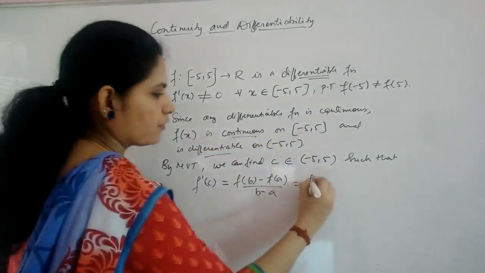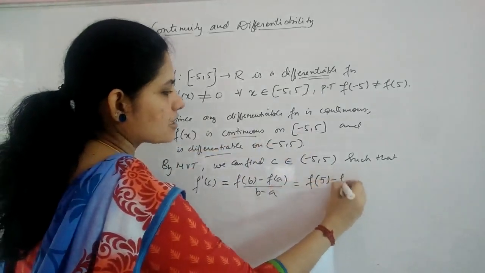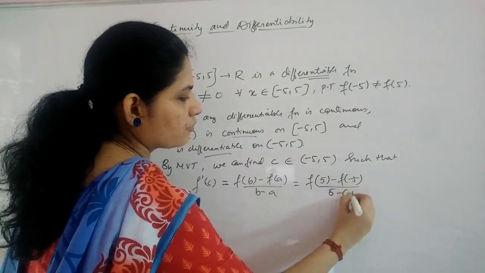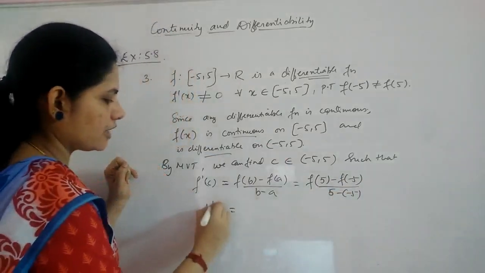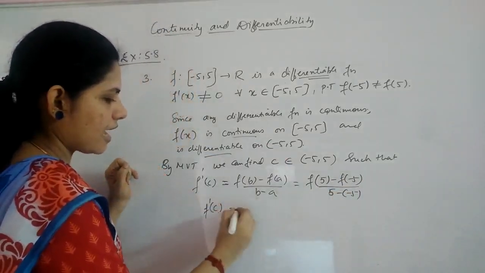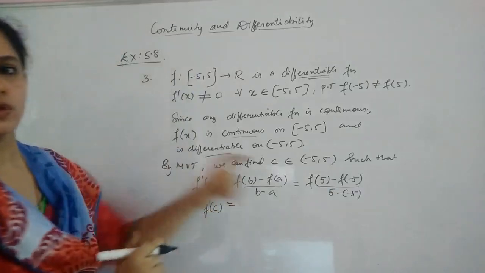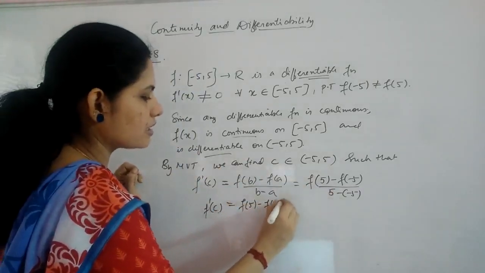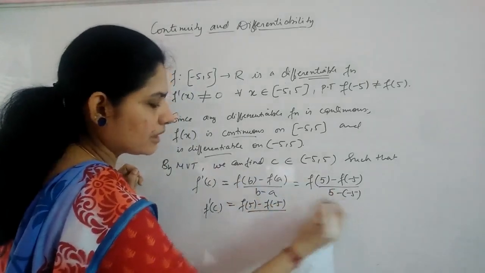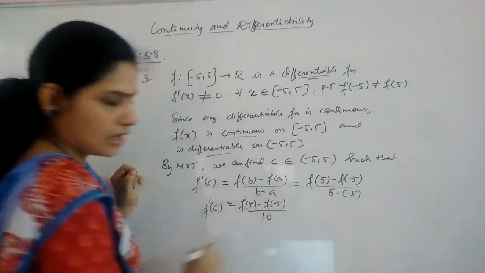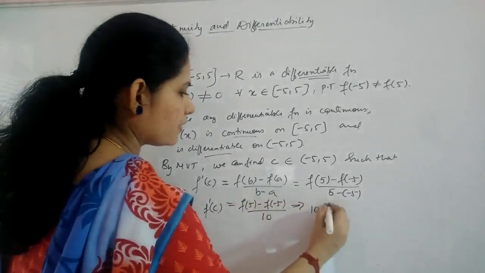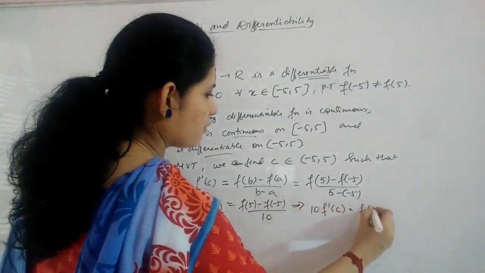So f of 5 minus f of minus 5 divided by 5 minus of minus 5, which is 10. So I can write 10 into f dash of c is equal to f of 5 minus f of minus 5.